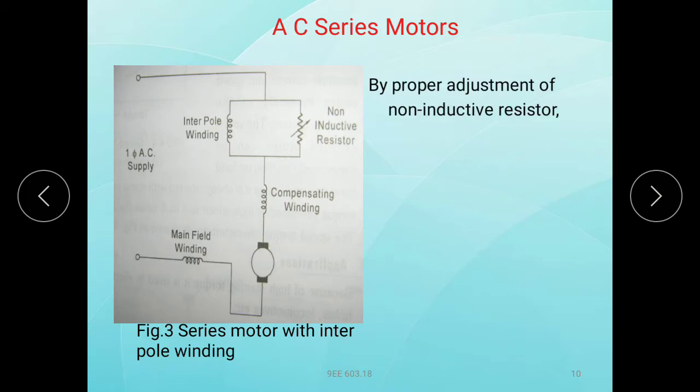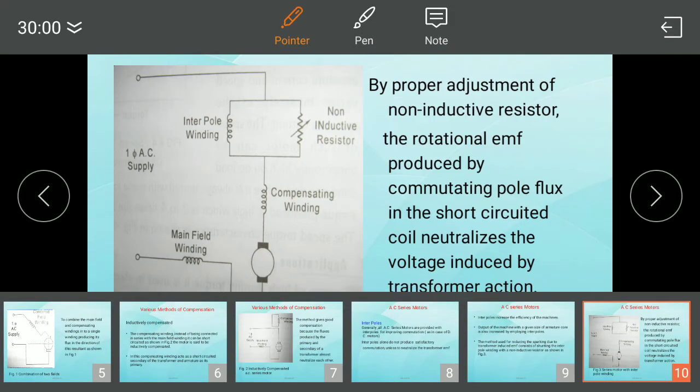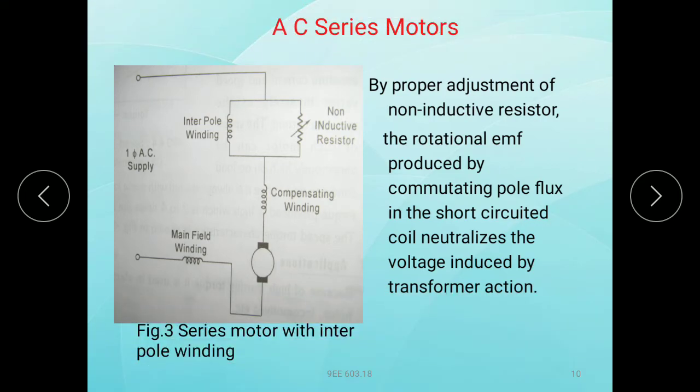So by proper adjustment of the non-inductive resistor, the rotational EMF produced by the commutating pole flux in the short circuited coil neutralizes the voltage induced by the transformer action.